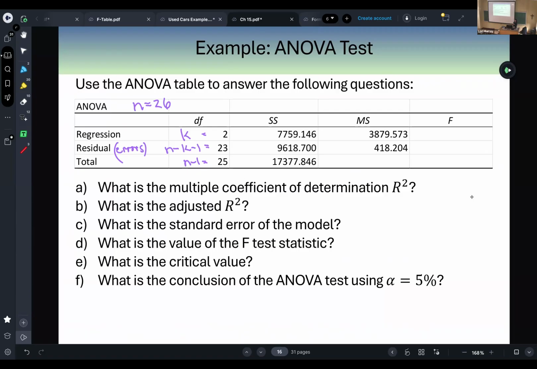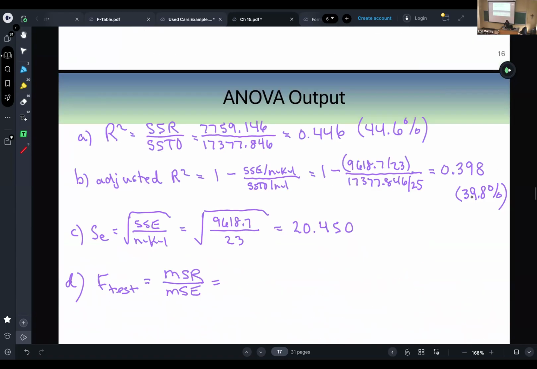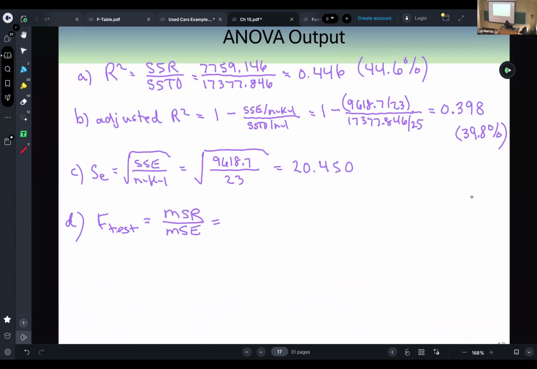And the MSE, which is the mean square error, always goes in the denominator, 418.204. So let's grab those. 3879.375 divided by 418.204. Right.